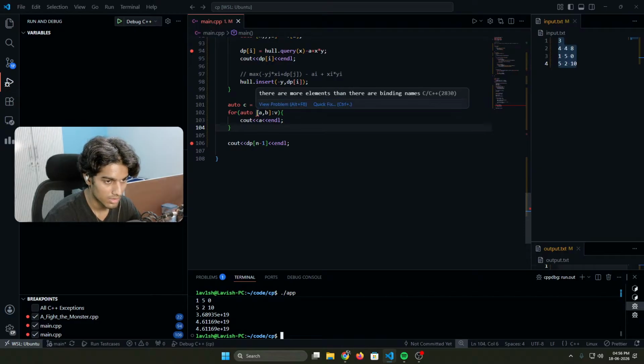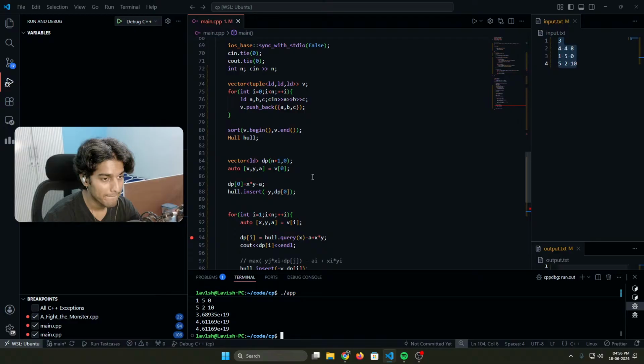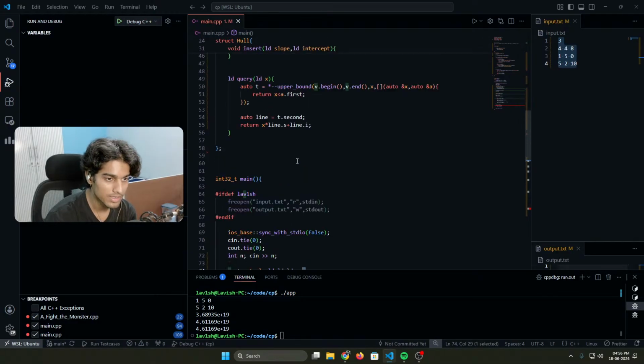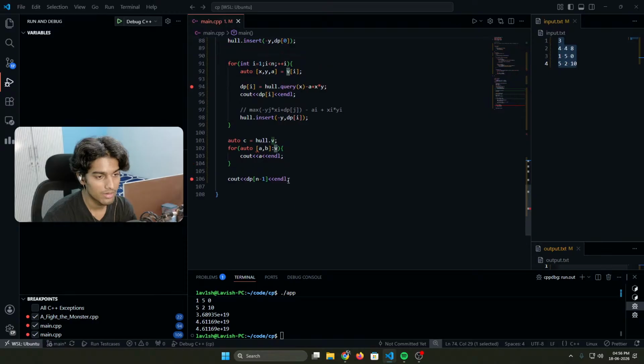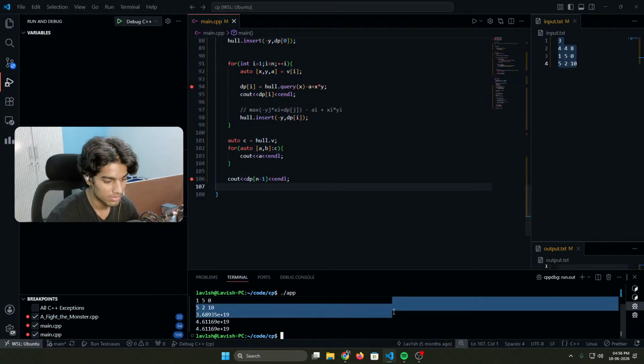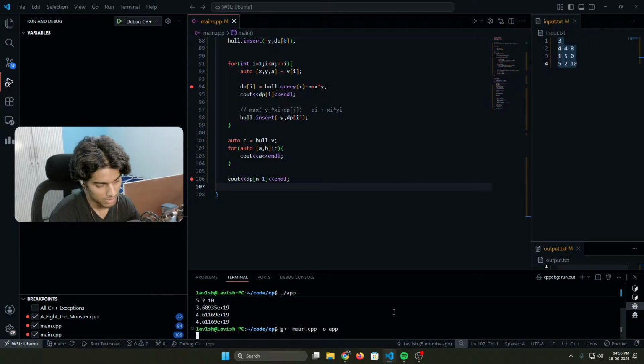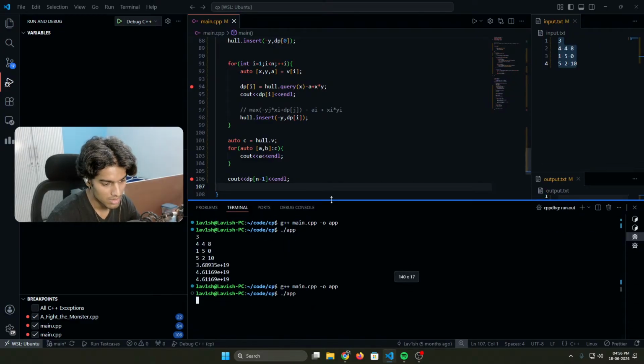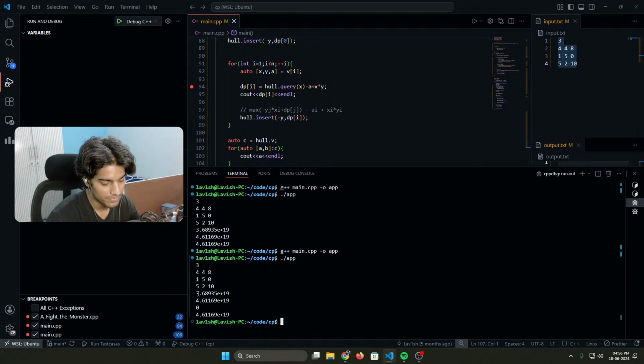Yo, there are more elements than there are binding names. That makes sense. Yep. Okay, now that's good. Oh.